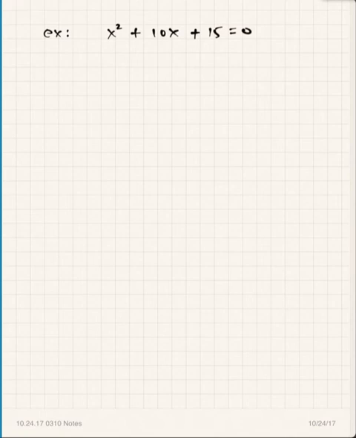So we do need to use another method, and we're going to complete the square to do this problem. We go through the steps that we just talked about. The first step is we move the constant to the other side of the equation. So I subtract 15, and I get x squared plus 10x equals negative 15.